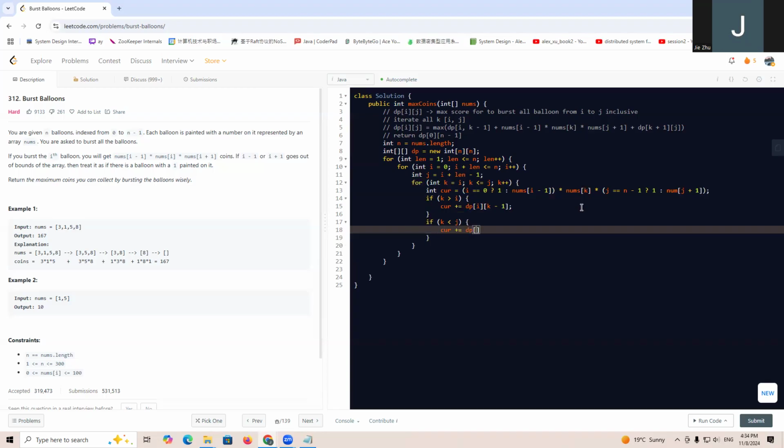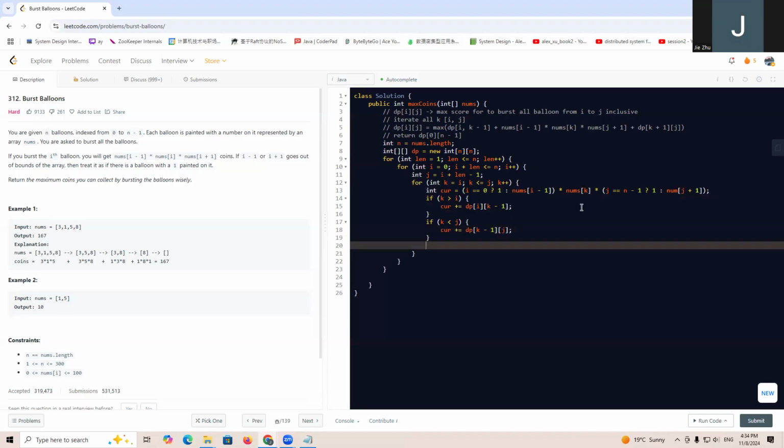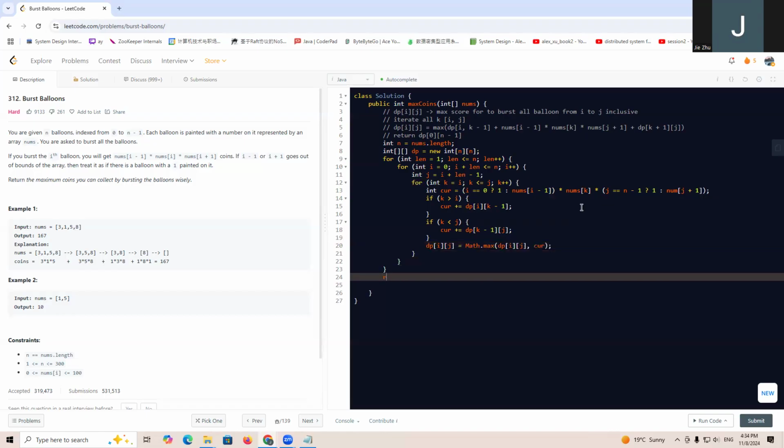This is the right part. So dp[i][j] will be the maximum of dp[i][j] and the current. In the end, what we need is to return dp[0][n - 1], right?